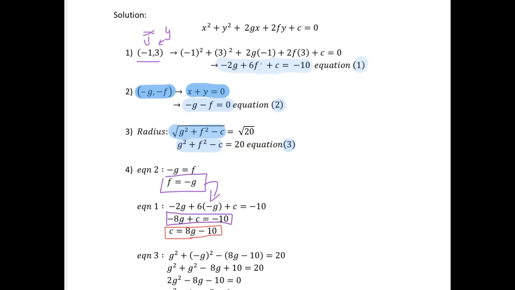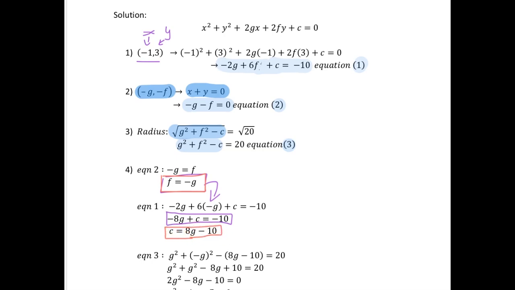Now I have a value for f and a value for c that are both only in terms of g: f is equal to -g, and c is equal to 8g minus 10.